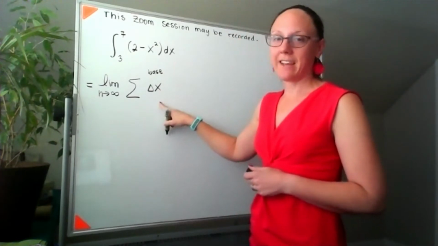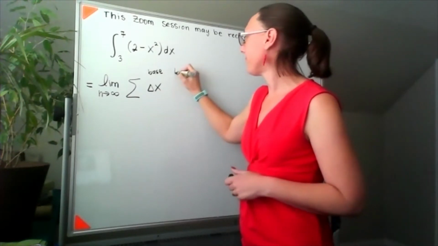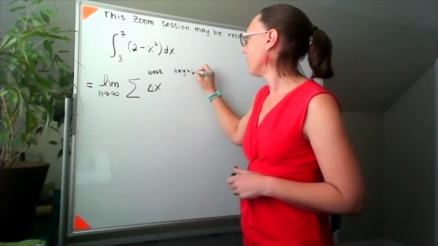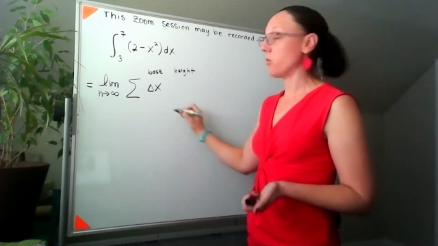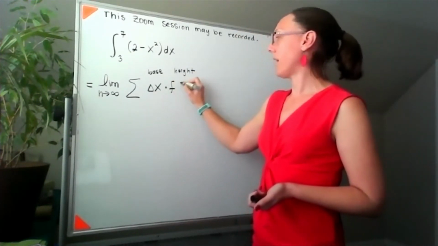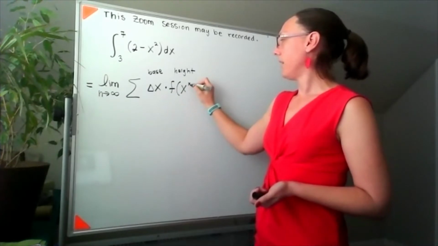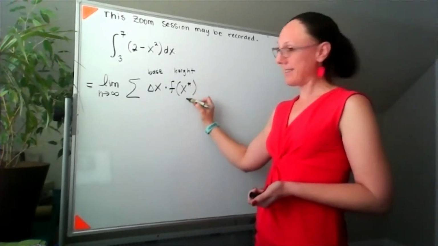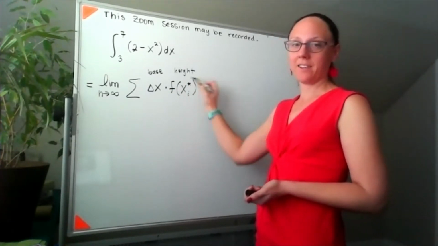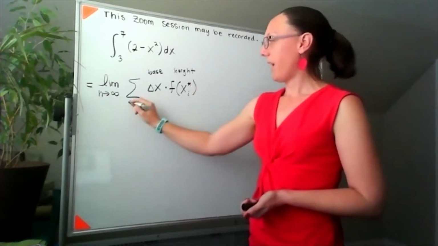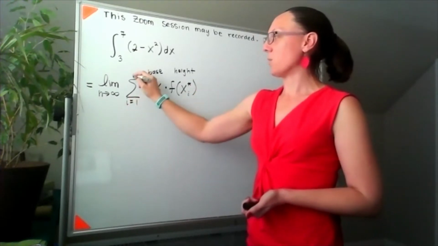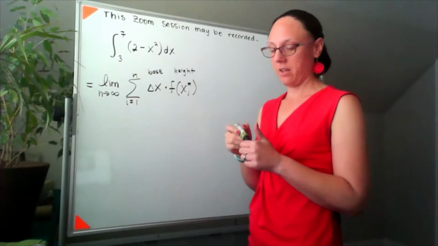So that delta x is the base of my rectangle, and the height, to use the book's notation, that's going to look like f of x sub i star. And we're going to go from i equals 1 to n.